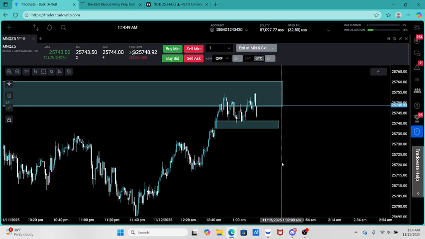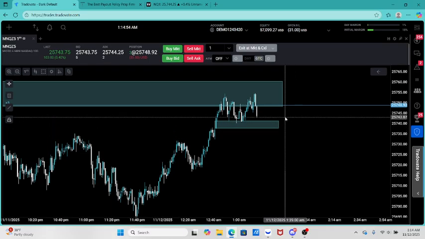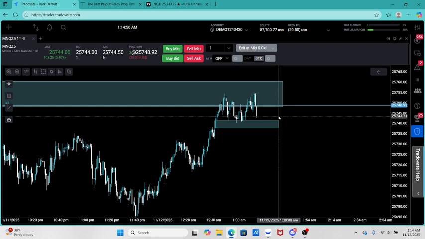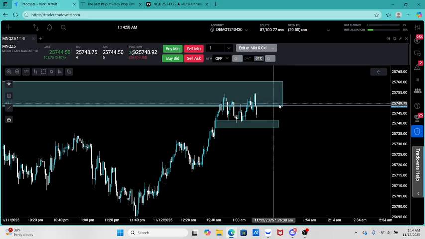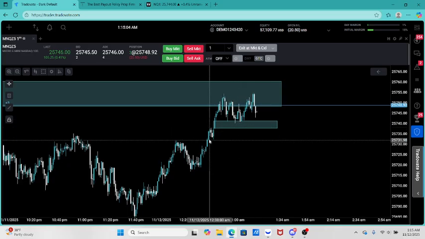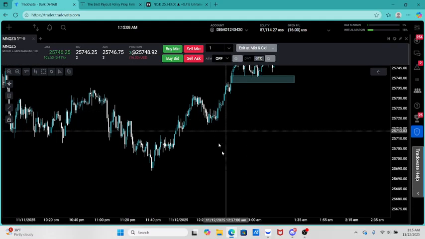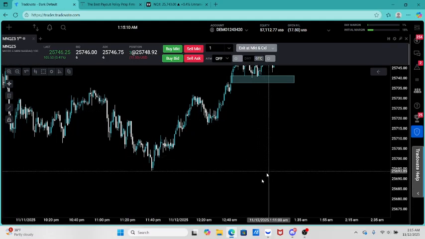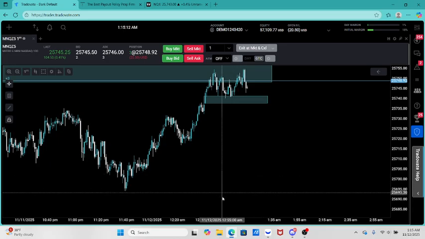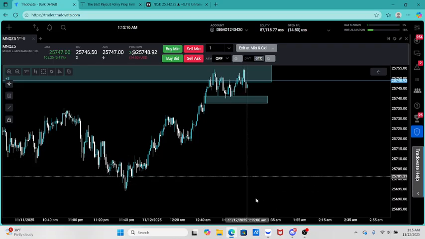Now this wasn't the best setup just off my entry. That's also why I went super low contracts, because if we don't hold this structure, I want to see how it reacts to this order block here. If it doesn't, then we could be coming down to take out all these lows, and then we would want to wait until price rebalances and starts disrespecting some order blocks.